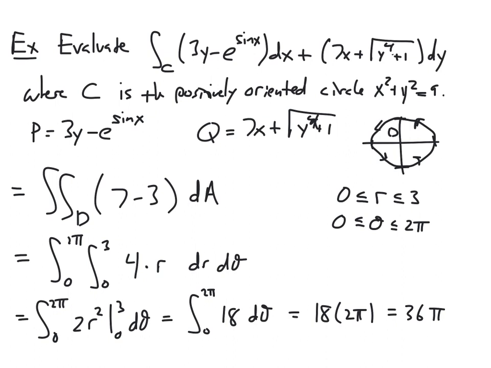But in this case, being able to apply Green's theorem, because we have a simple closed positively oriented unit circle here, we're able to use Green's theorem, write it as this double integral of a relatively simple function, the constant function 4, and then just a quick conversion to polar coordinates makes this a relatively simple integral to do.